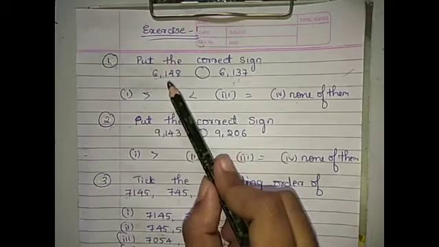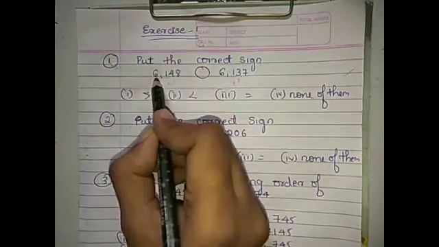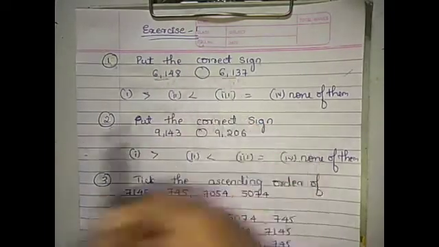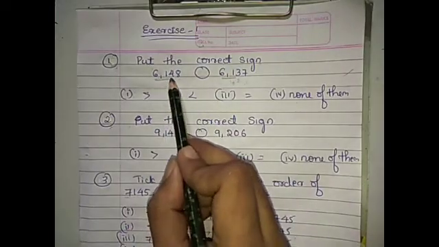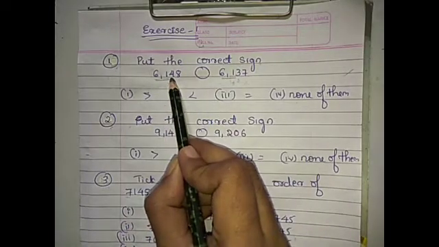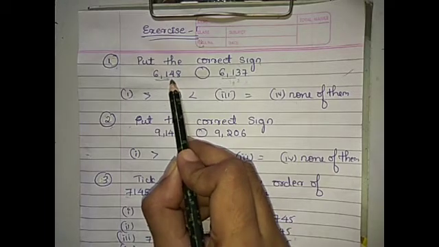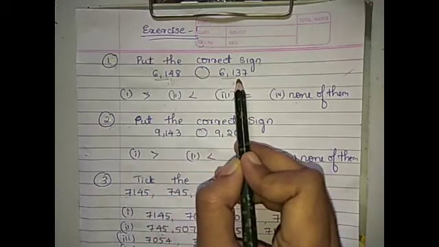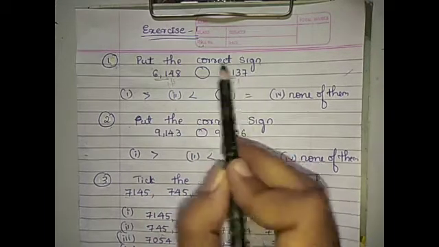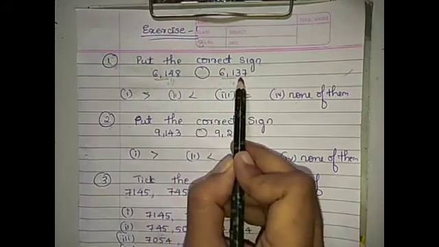Here the starting 2 digits are the same in both numbers. So we have to compare the next digit, which is in the tens place. Here 4 is at the tens place. In this number 3 is at the tens place. Let's compare 4 and 3.